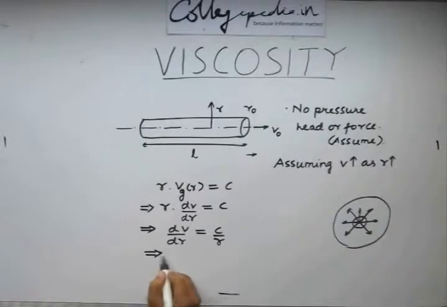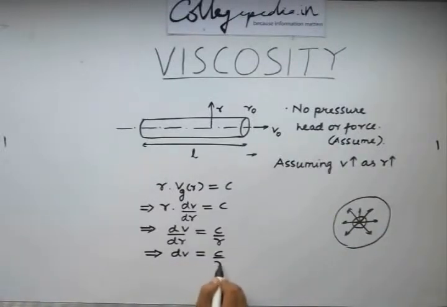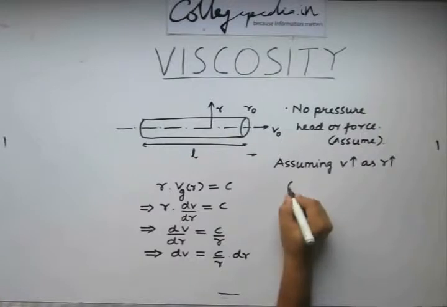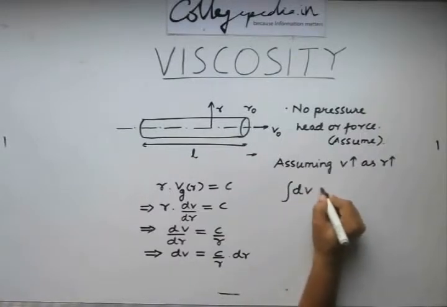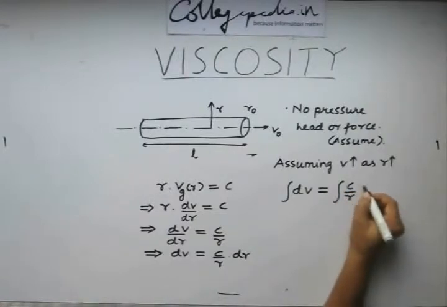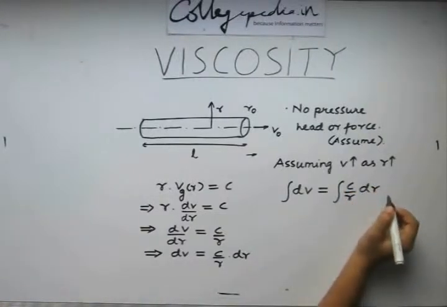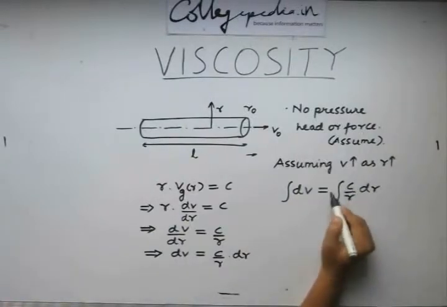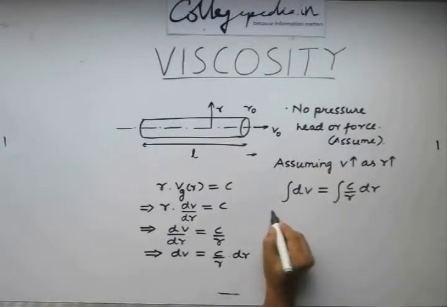So we have dv being equal to c by r times dr. If we integrate both sides of this equation, we get integral of dv being equal to integral of c by r dr. C being a constant can be taken out of the integration.